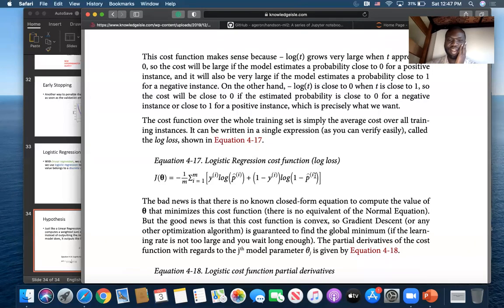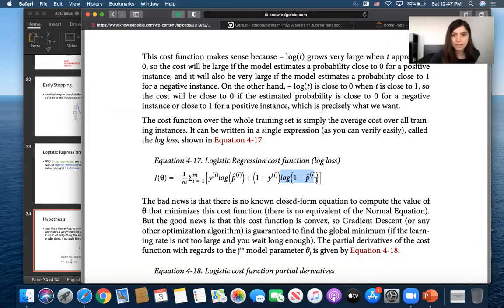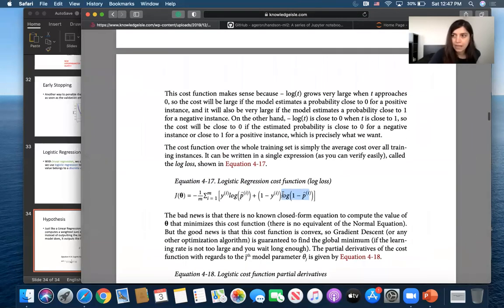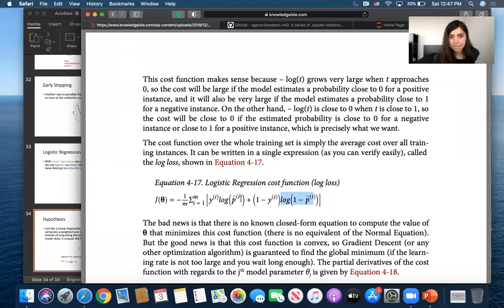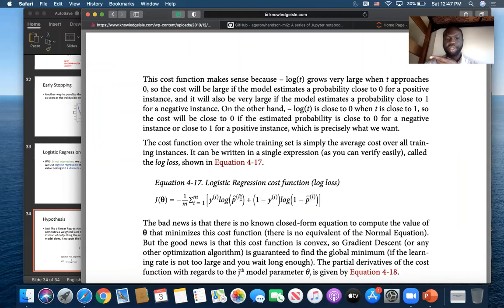Okay. So if the actual value is 1, and I say it's 0, then the 0 is actually giving you infinite, so it will increase your cost function anyway.